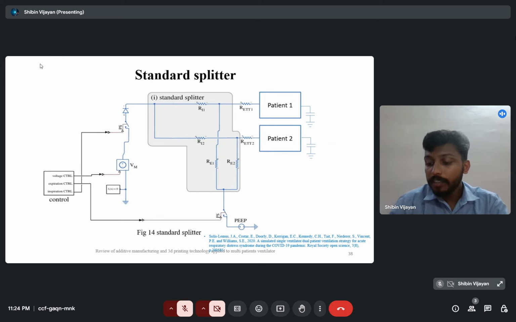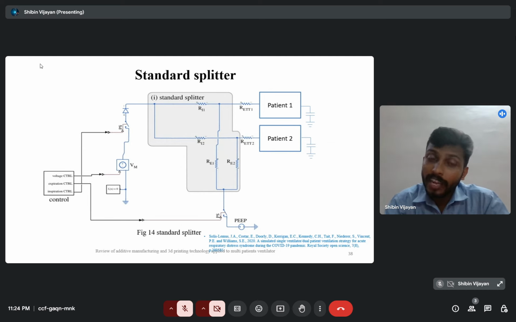The problems are, first, the inability to deliver different pressures to achieve the required tidal volume in individual patients, and the inability to manage positive end-expiratory pressure, PEEP, which is critically important for these patients, and the risk of cross-contamination, and ethical issues, and sudden cardiac arrest, and the difficulty of monitoring both patients simultaneously.